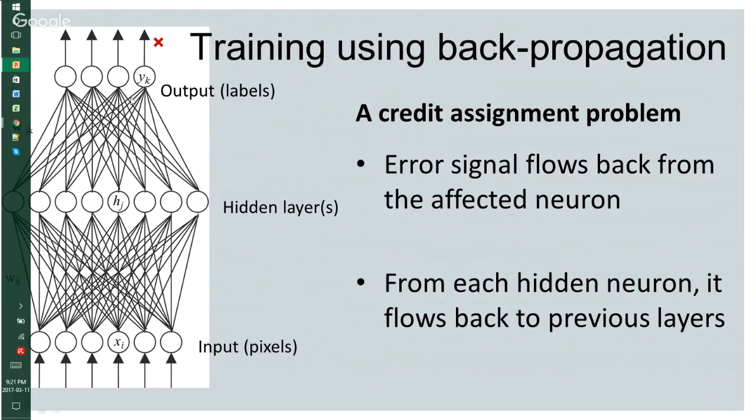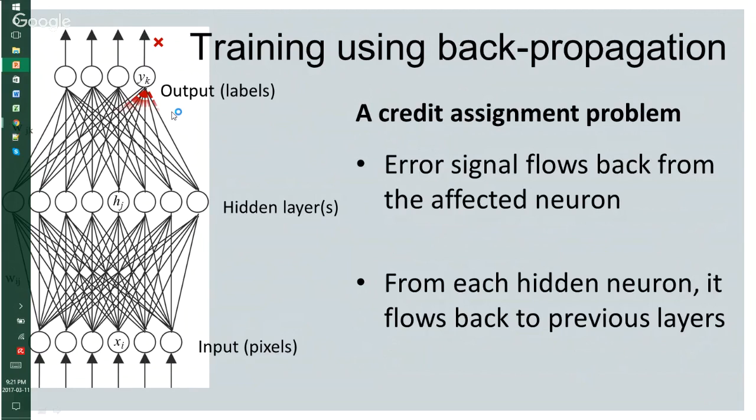Let's look at this yk, and let's assume that there is some error. It's not the right class label that you desire. In that case, what you would want to do is compute an error or loss function, and propagate it back to the hidden layers.